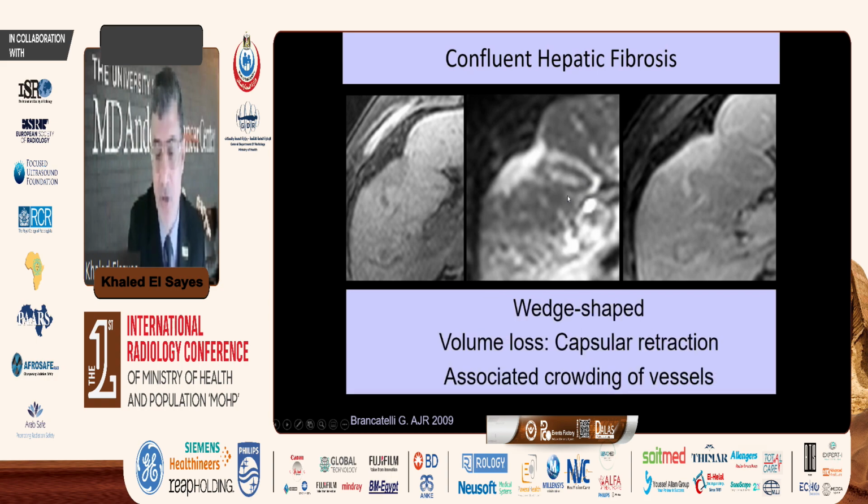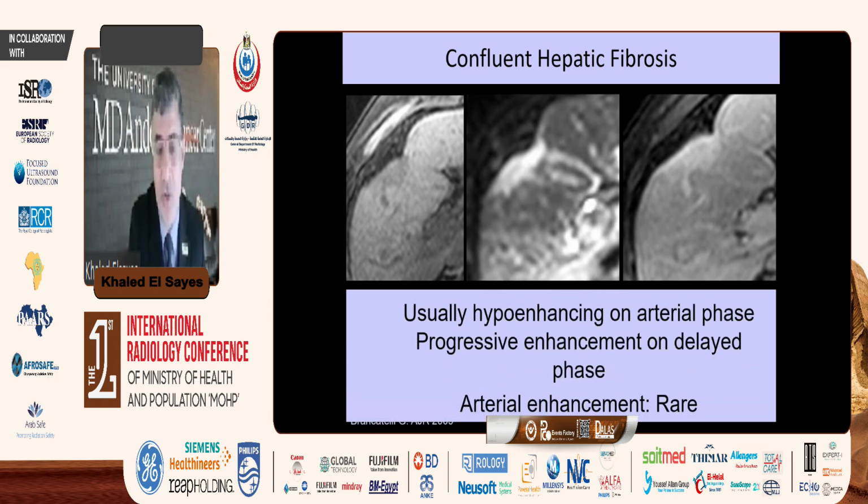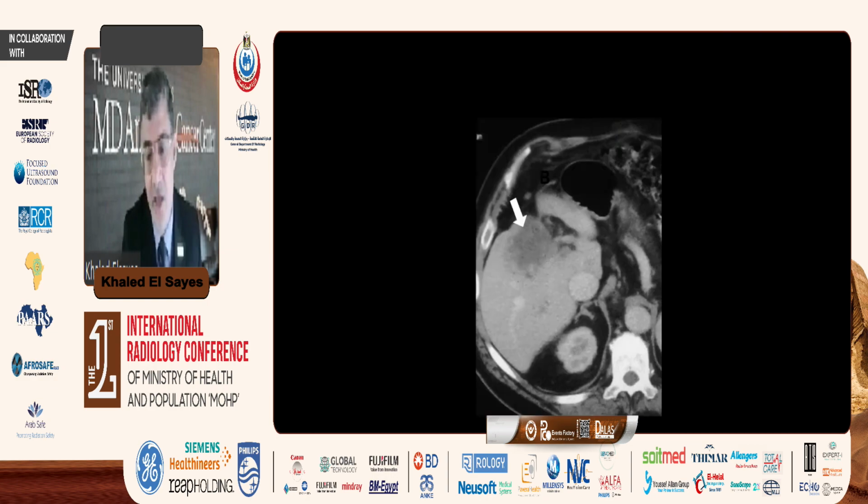As I said, it has capsular retraction, and it's usually hypoenhancing. It could be hyperenhancing in a very small portion of these patients, and it's characterized by progressive enhancement in the delayed phase.